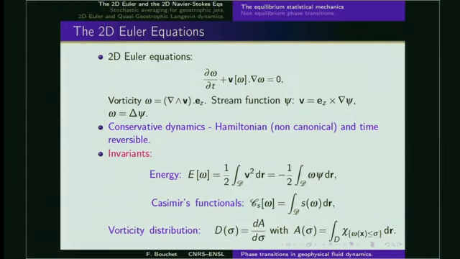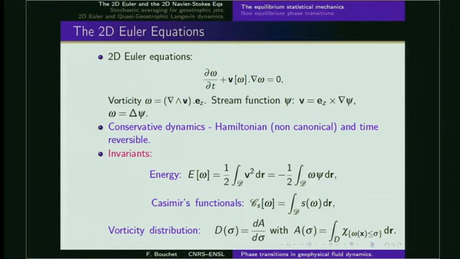So I begin with the 2D Euler equation, which is the simplest equation which has this property of being turbulent and still forming large scale structures which are stable. Here it is written for the vorticity. The vorticity is the curl of the velocity, and in 2D it is just a scalar. It is aligned with the vector which is perpendicular to the plane. So I will define a stream function psi, and basically there is this relation between omega and psi.